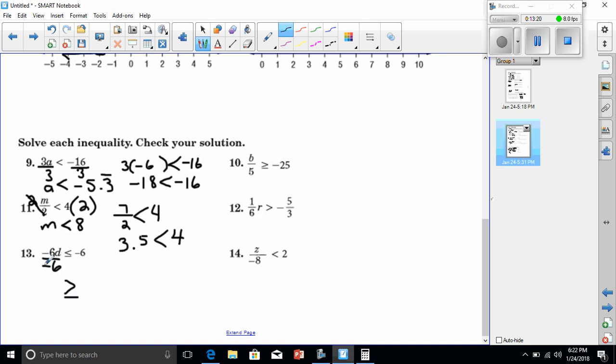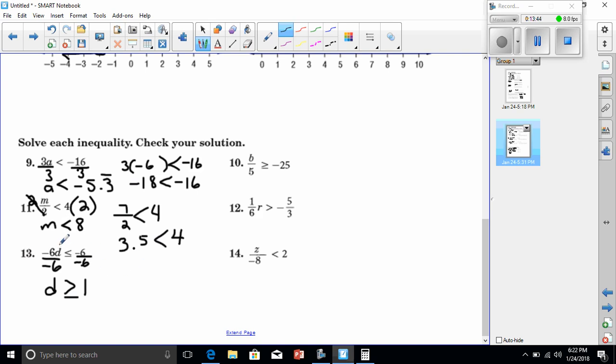Negative 6d divided by negative 6 equals d. And negative 6 divided by negative 6, well, that's going to equal 1. So d is greater than or equal to 1. So we need a number that's greater than or equal to 1. Well, we could use 1 because we could see if it's going to be equal to it.